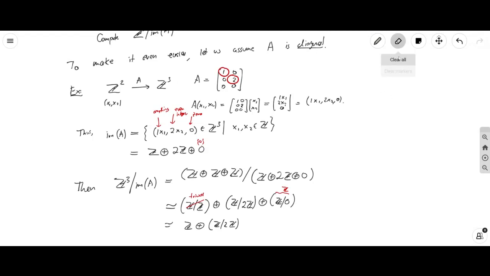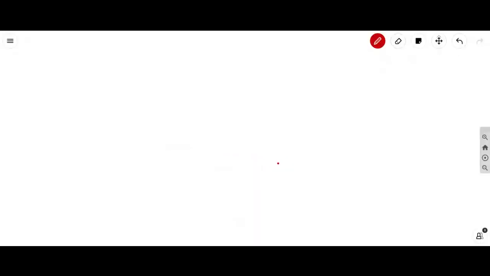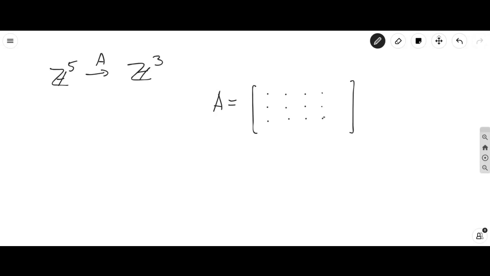Maybe to give you another example, let's say you go from Z5 into Z3, and the matrix here has to have three rows and 5 columns. So let's say it would go like this.